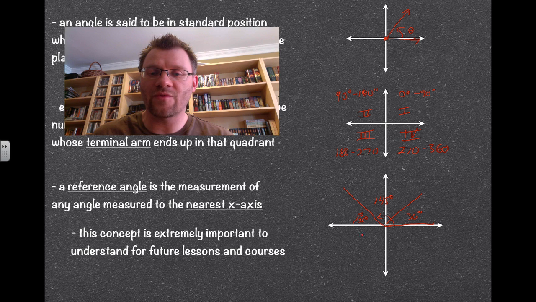Likewise, in quadrant number 3, you could draw another one that's 35 degrees away from that x-axis. So that would be 180 degrees plus 35 degrees, and that would be 215, sorry. And then you could draw a fourth one where it's 35 degrees from this side. And that would be 360 degrees minus 35, which would be 325 degrees.